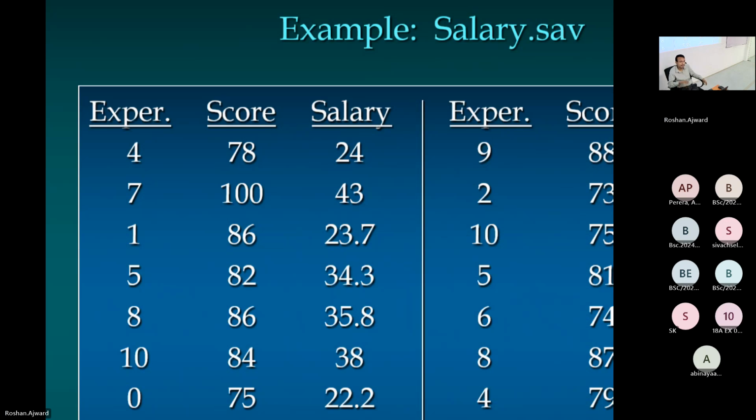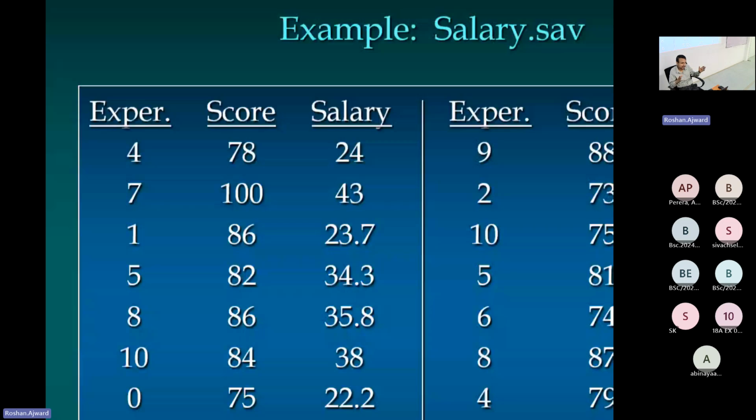Can you see that? What it says is simply that the salary of a computer programmer depends on 2 things. One, the experience. The other one, score, means the marks that person got for the aptitude test. On the other hand, it represents the knowledge.